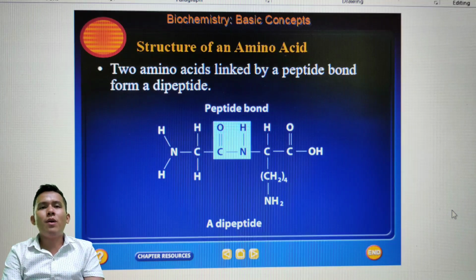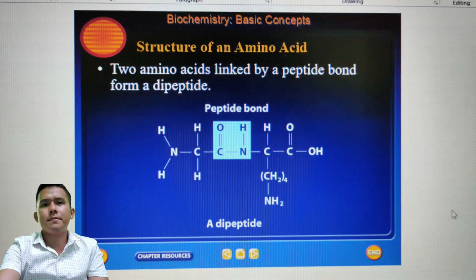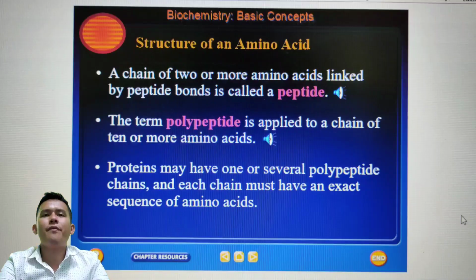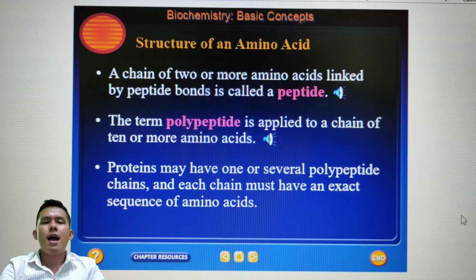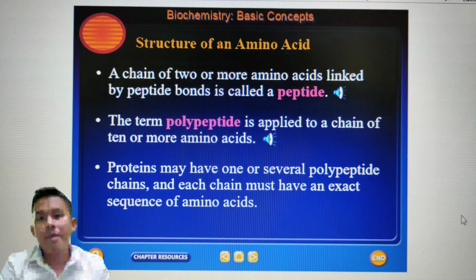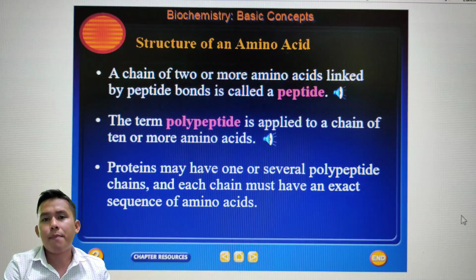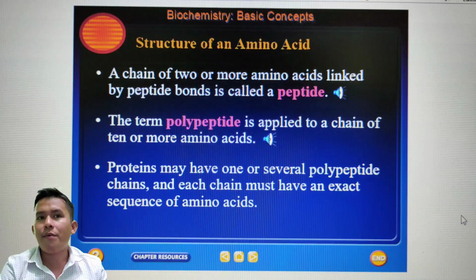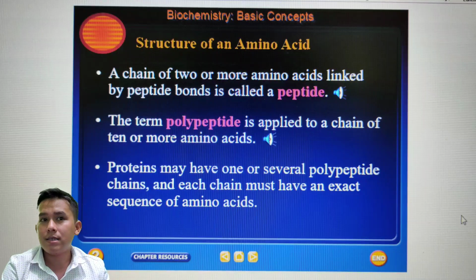Two amino acids linked by a peptide bond form a dipeptide. A chain of two or more amino acids linked by peptide bonds is called a peptide. The term polypeptide is applied to a chain of 10 or more amino acids.